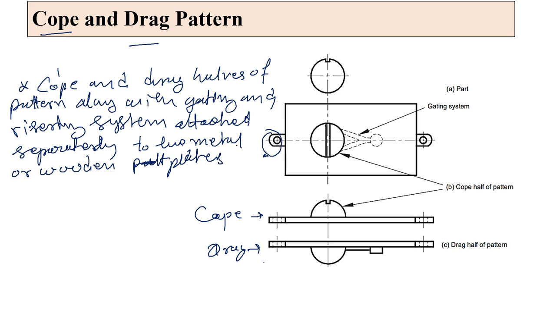So here these can be made separately by two molders, and then these are attached properly so that they can be aligned.